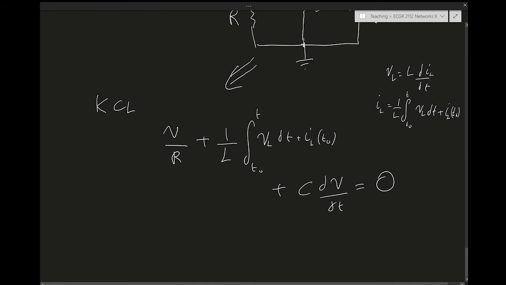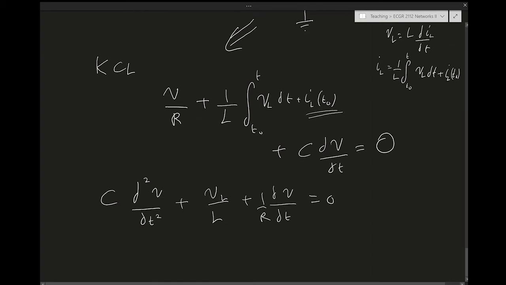Okay, so I differentiate this again. I get C d squared v over dt squared. This constant, when I differentiate it, becomes 0. This integral, when I differentiate it, since differentiation is the inverse of integration, I end up with VL over L, and then dV over dt times 1 over R equals 0.